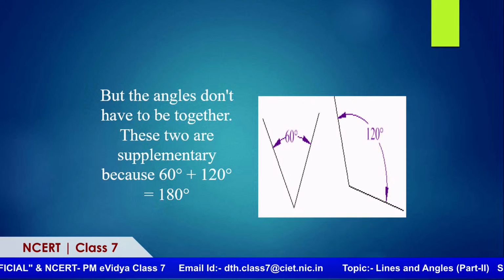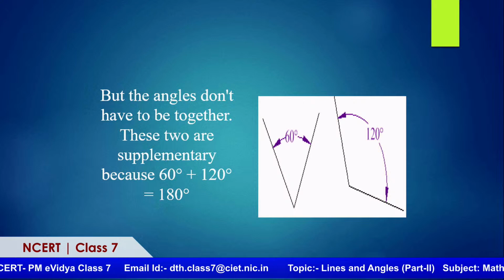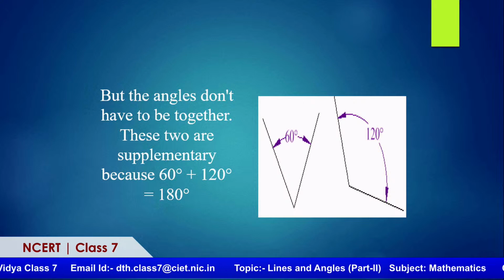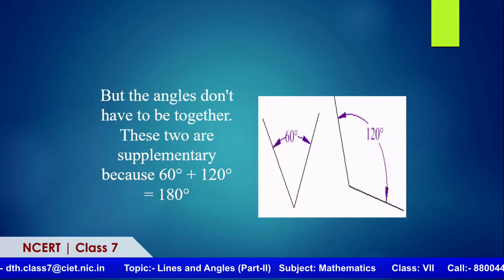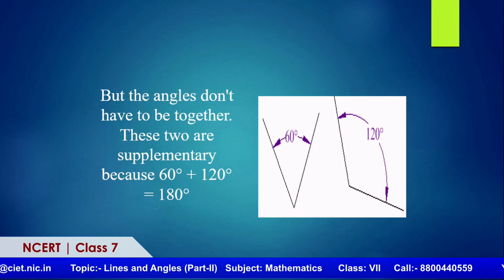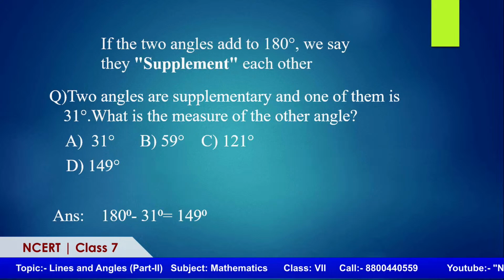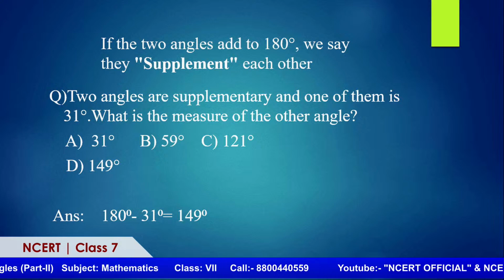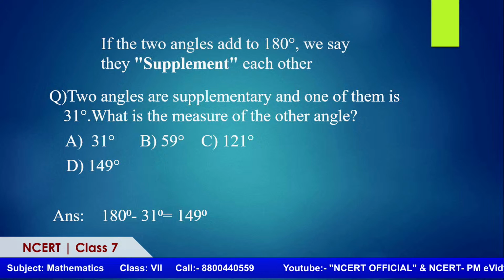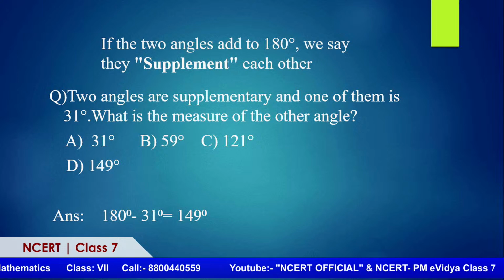But the angles don't have to be together again. These two angles are also supplementary because 60 degrees plus 120 degrees is equal to 180 degrees. If two angles add to 180 degrees, they are supplements of each other.